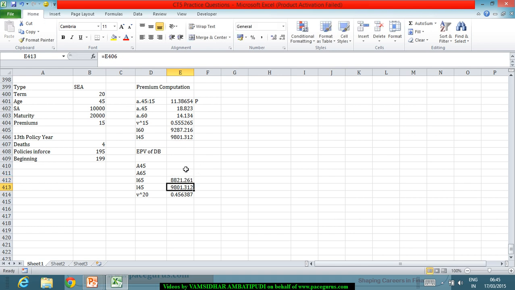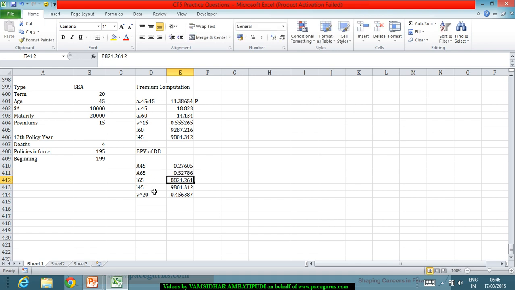L65 is going to work out to 8821.2612. Then A45 is 0.27605 and A65 is 0.52786.